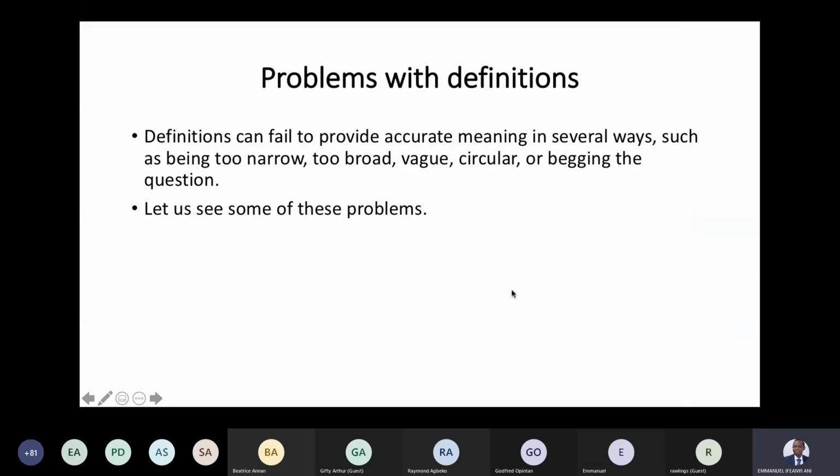Okay, so let's move on. Problems with definitions. Definitions can fail to provide accurate meaning in several ways, such as being too narrow, too broad, vague, circular, or begging the question. Let's see some of these problems.